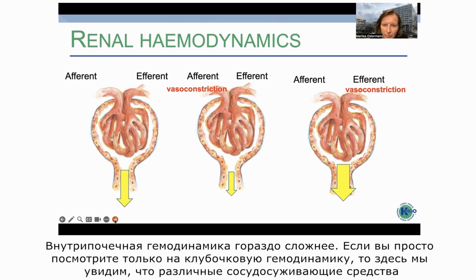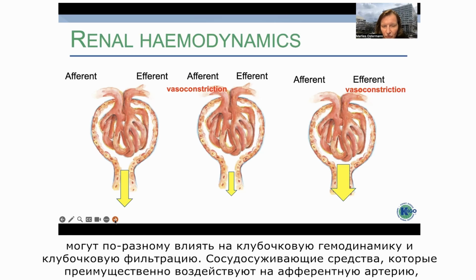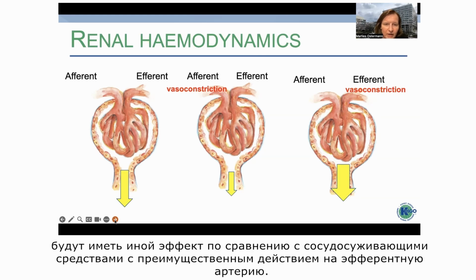If we just look at glomerular hemodynamics alone, here we can see that different vasoconstrictors may have different effects on glomerular hemodynamics and glomerular filtration. And vasoconstrictors that predominantly affect the afferent branch will have a different effect compared to vasoconstrictors with predominant action on the efferent branch.